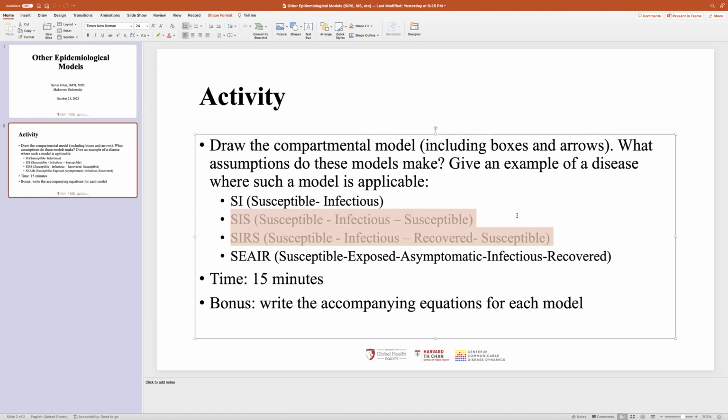If you're looking at the model for the mosquito, you have, let's say, the susceptible mosquitoes. And then you assume that you have good environmental conditions that would cause more mosquitoes to be birthed in the population, for lack of better words.